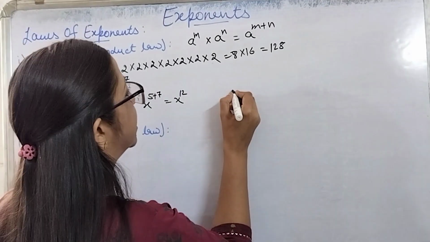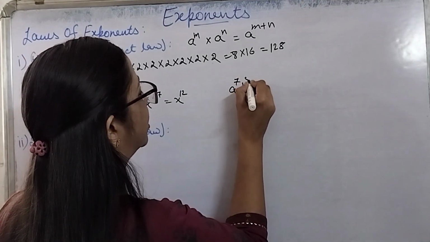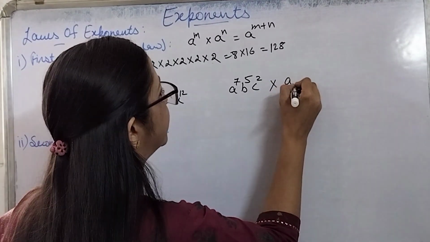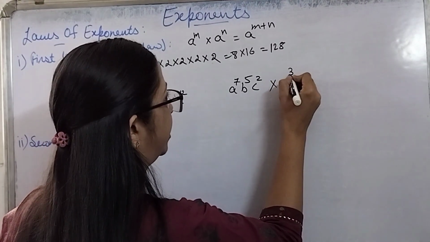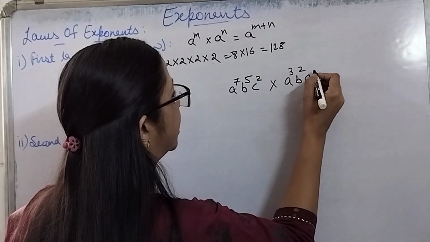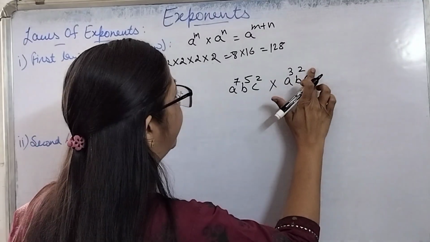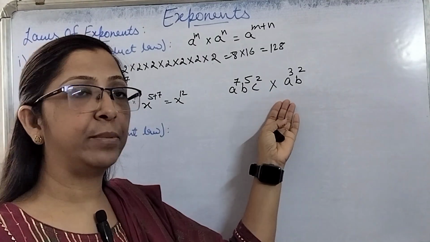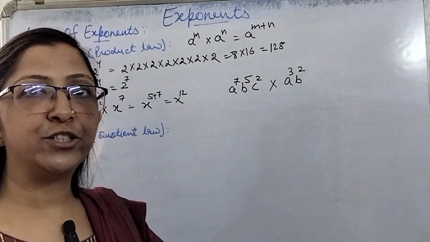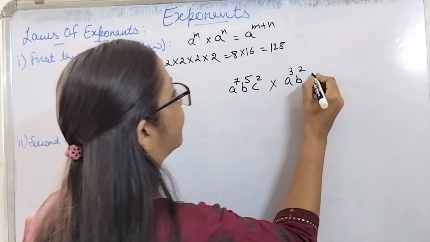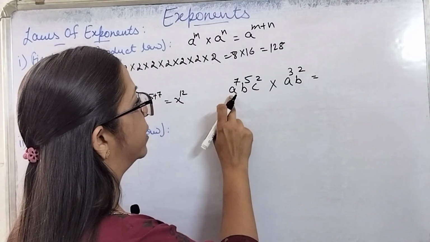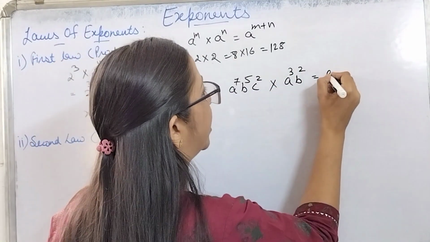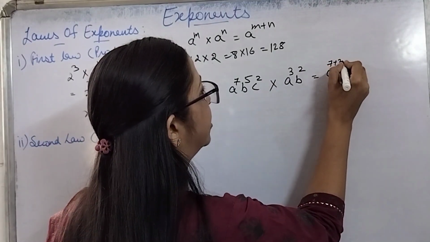Similarly, say we have a raised to the power 7, b raised to the power 5, c raised to the power 2, multiplied by a raised to the power 3, b raised to the power 2, with no c in the second number. We have to multiply these two numbers in exponential form. Here a raised to the power 7 and a raised to the power 3 have the same base, so a raised to the power 7 plus 3.